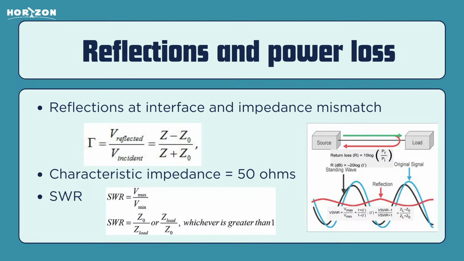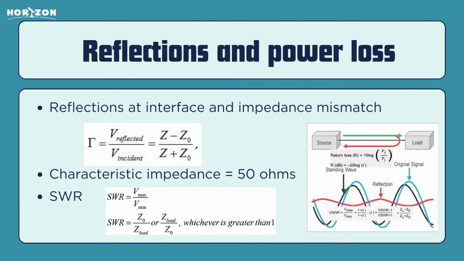So, an antenna is connected to a transmission line. There is a chance that reflections may take place at the interface of the two elements. This is analogous to the reflections that take place in visible light between two mediums.